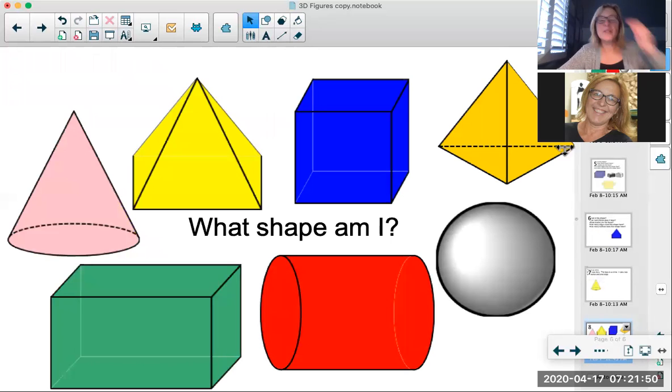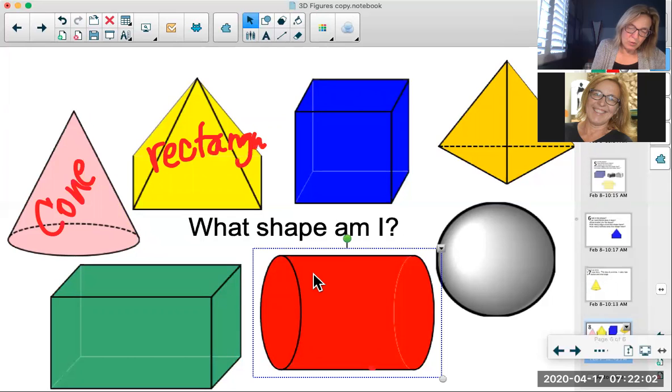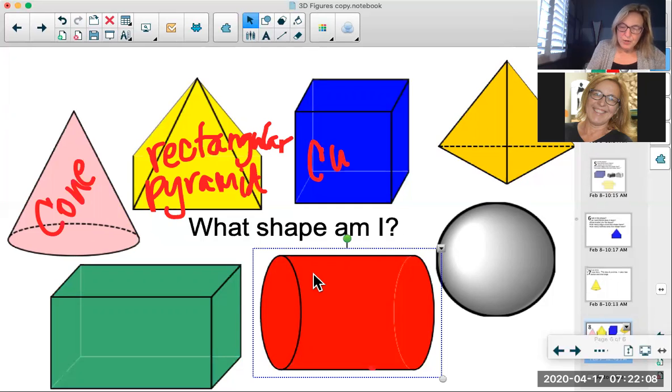All right, so now let's look at what else we had here. So we talked about the cone. We know that that's a cone. We know that this is a rectangular pyramid. We know this is a cube.